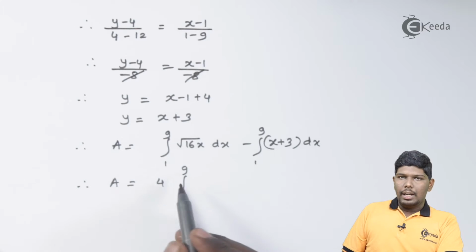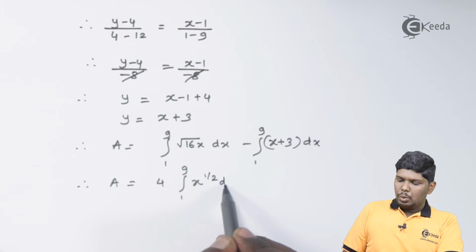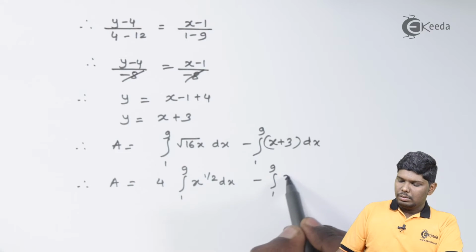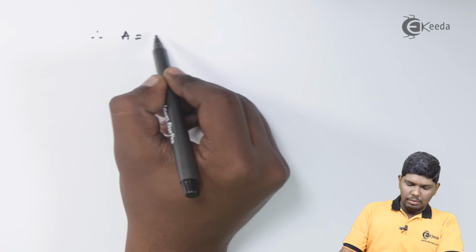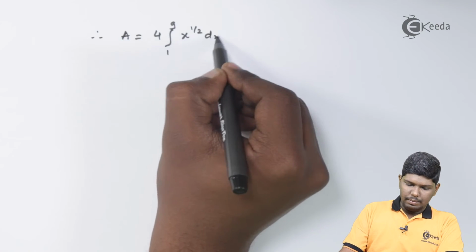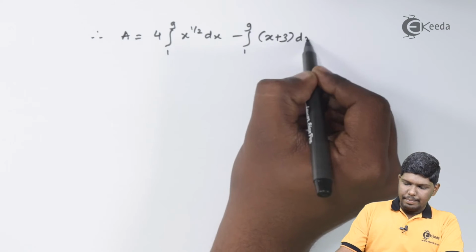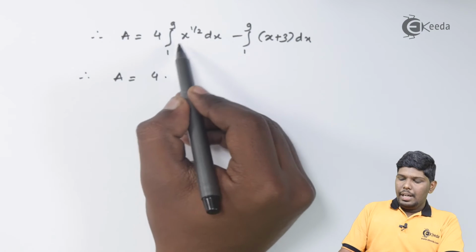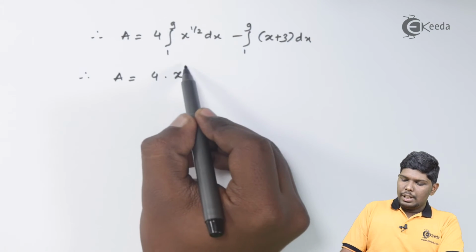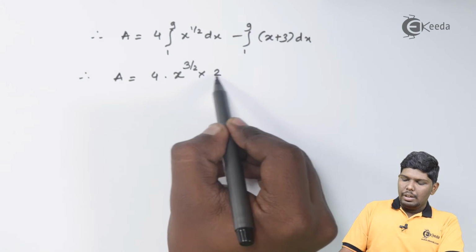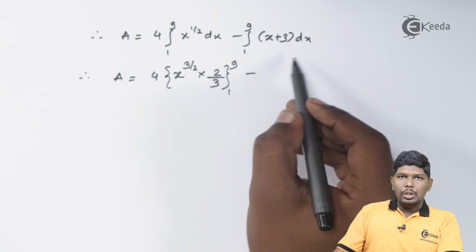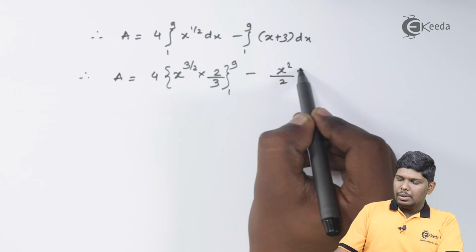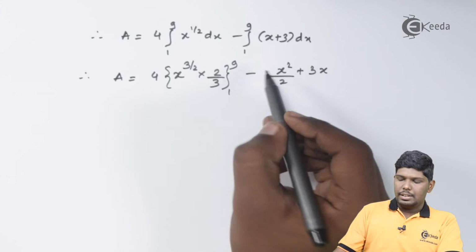Square root of x can be written as x raised to half, dx. The remaining part remains the same. Integration of x raised to half will be x raised to 3 by 2 into 2 by 3. Integration of x is x square by 2, plus 3 integration of dx is x.